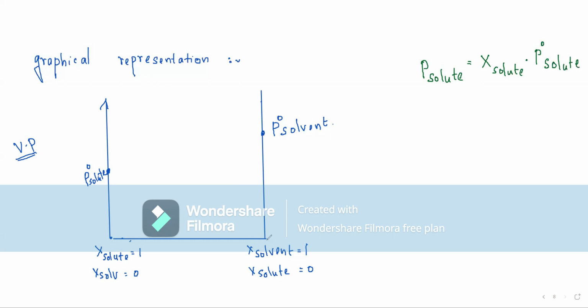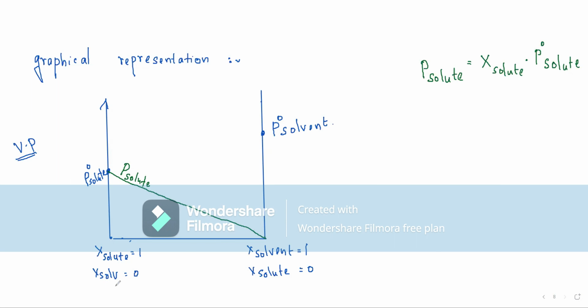So as you move from right to left, gradually the mole fraction of the solute is increasing. Accordingly, the partial pressure increases. So this line represents the partial pressure due to the solute.